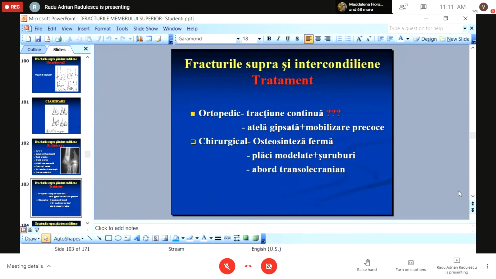So the gold standard for these fractures will be the anatomical reduction and solid fixation, in order to allow the immediate starting of the physical rehabilitation.